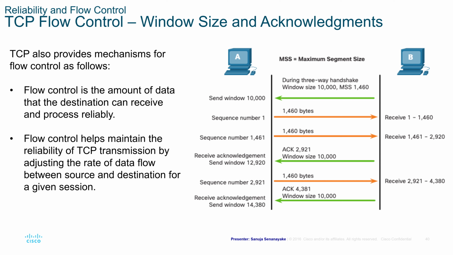So the MSS, which is the maximum segment size, shown here on the right hand side, is like a window size that can be used for such a process, and we'll be talking about that on our next slide.